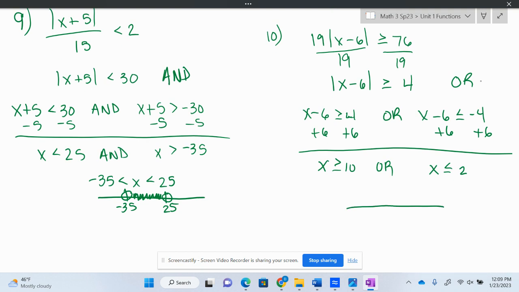Remember, when it's written as an or, you cannot smush them together. I'm going to mark 2 on my number line and 10. Closed circle on both. All numbers less than 2 go to the left. All numbers greater than 10 go to the right.